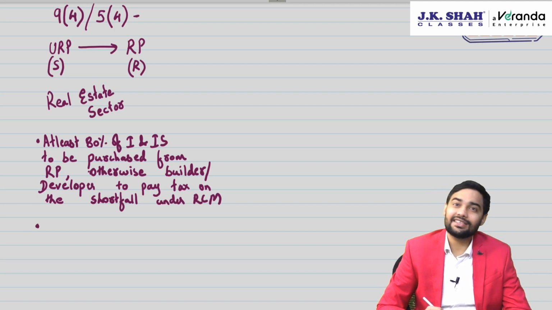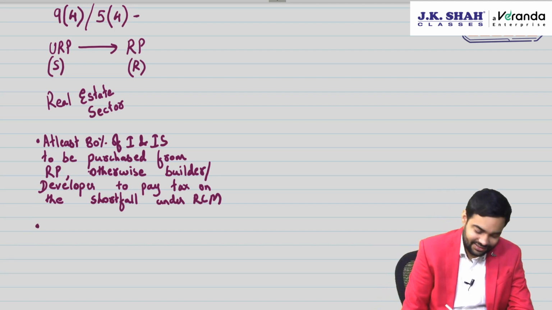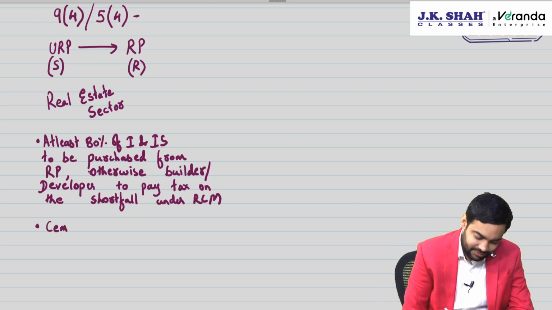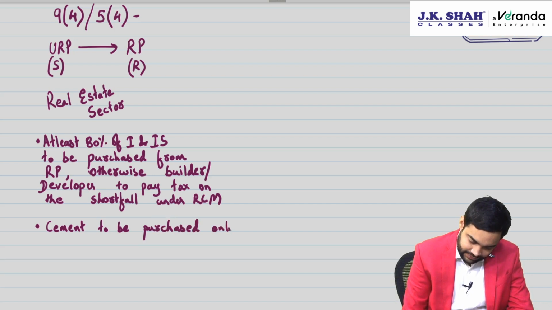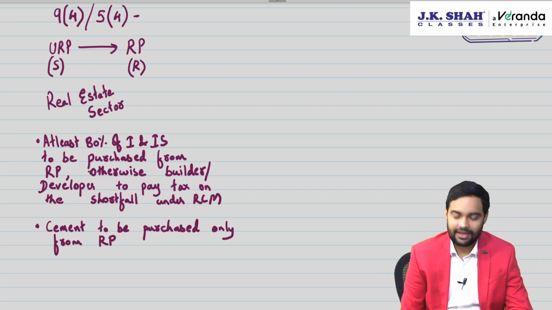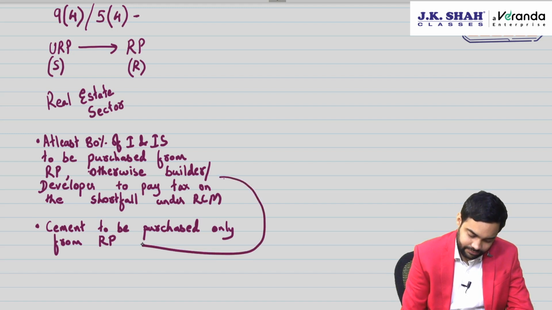But cement has the highest rate, 28%. So can you purchase cement from an unregistered person? That's the next point. Cement to be purchased only from registered persons. Otherwise, the builder will have to pay tax under RCM. And this otherwise point remains the same.